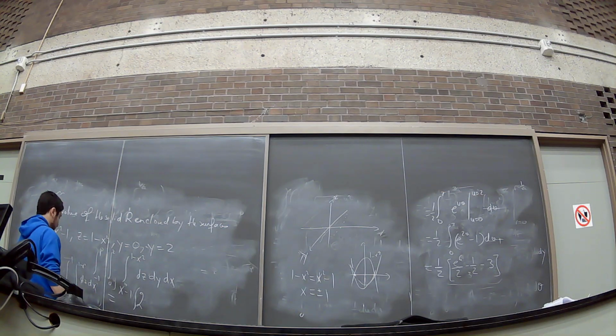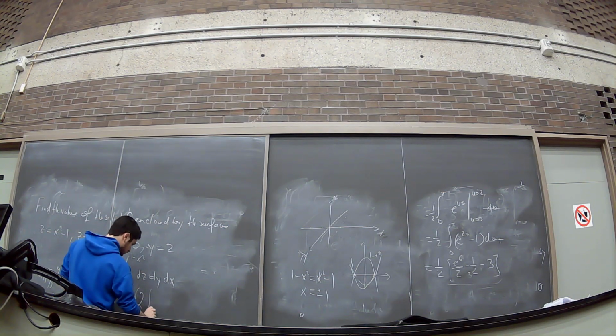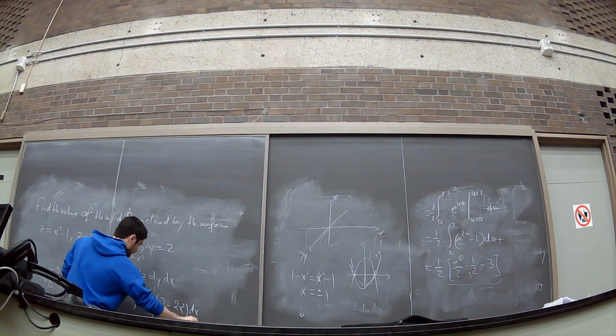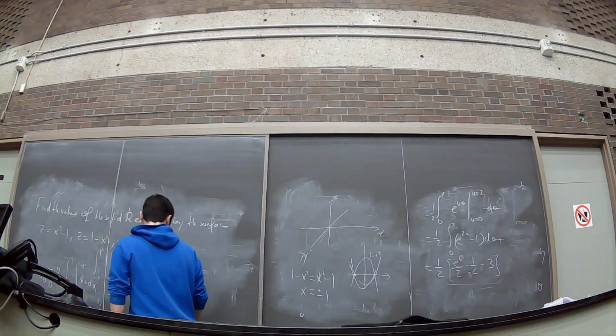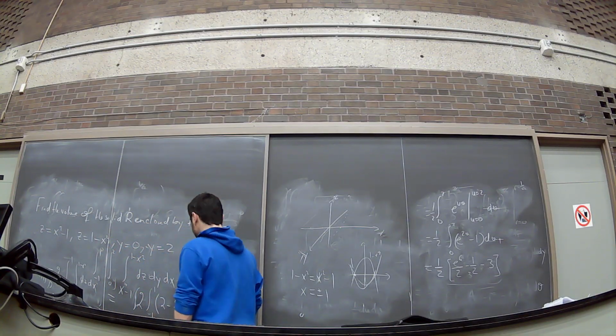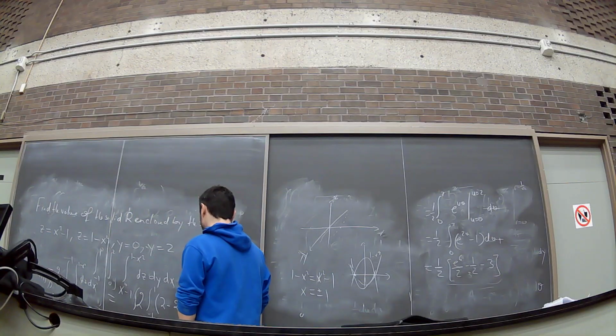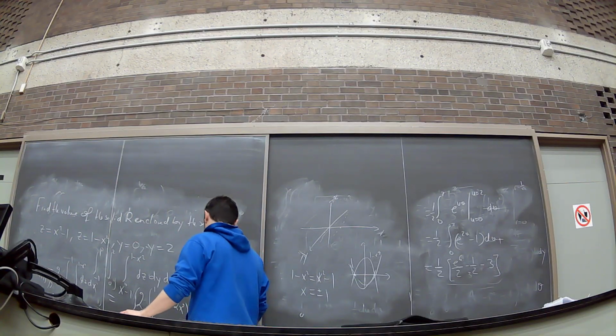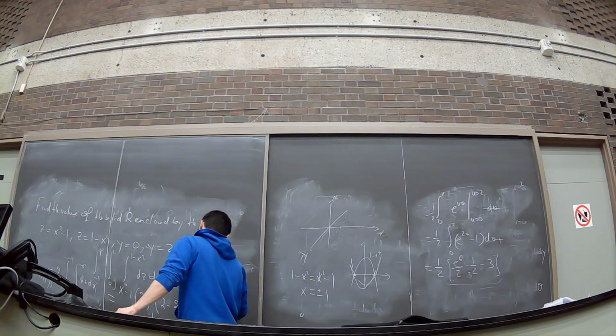1 minus x squared, so you get 2, integral from minus 1 to 1, 2 minus 2x squared, dx. So you integrate 2, so you have 2 times 4. X cubed from 1 to 0 is 1/3, so it's minus 2/3, so times 4/3.